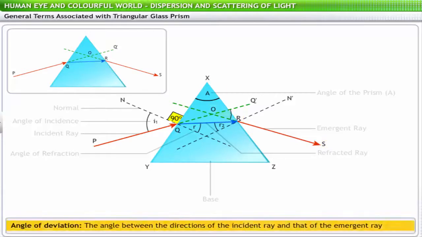The angle between the directions of the incident ray and that of the emergent ray is called the angle of deviation and is represented by the Greek letter delta or theta d or the English letter d. Here, angle Q-OR is the angle of deviation.